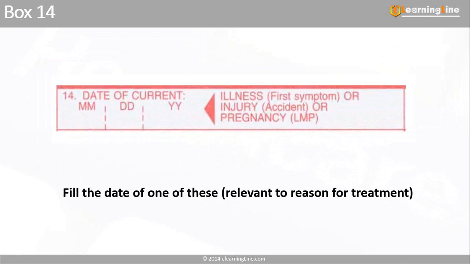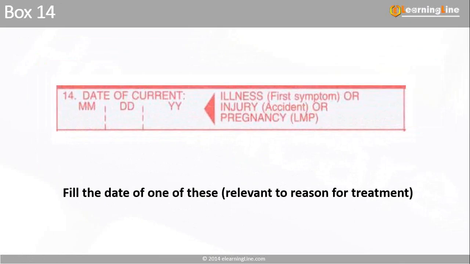For example, maybe he took an appointment and visited the doctor, then the doctor gave him another follow-up time to say that, okay, why not come back with this X-ray and those lab results so that I can see and recommend the better treatment. If that is the case, then the date of current illness would be the date when the patient visited the physician due to this problem.